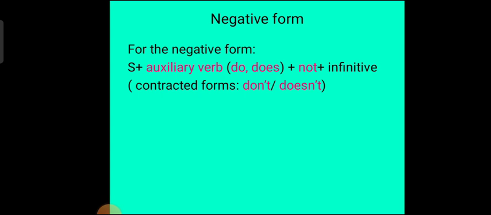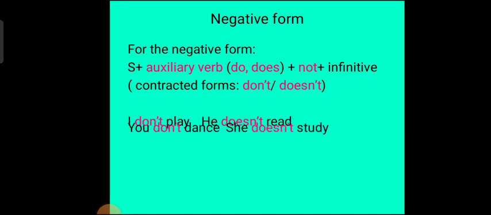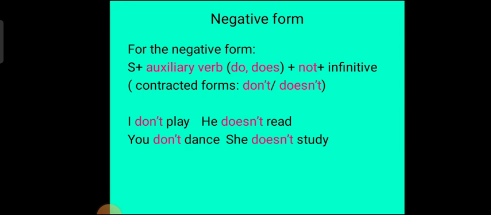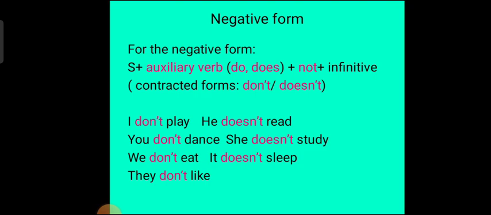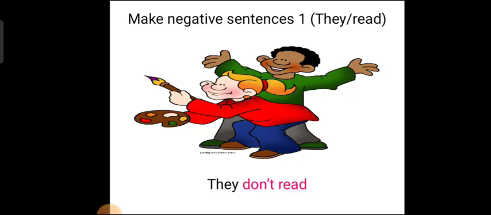Don't with I, you, we, and they. Doesn't with he, she, and it. I don't play. He doesn't read. You don't dance. She doesn't study. We don't eat. It doesn't sleep. They don't like.